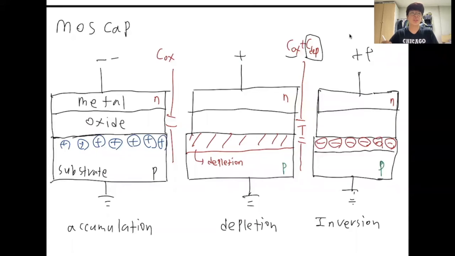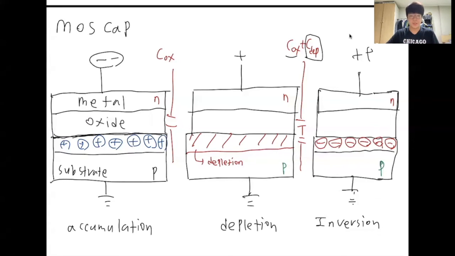A MOS capacitor, which is a metal oxide semiconductor capacitor, is a capacitor using metal, oxide, and semiconductor. If we apply a negative voltage to the metal side, then by the attractive electrical force, the holes will be accumulated at the oxide and substrate surface.